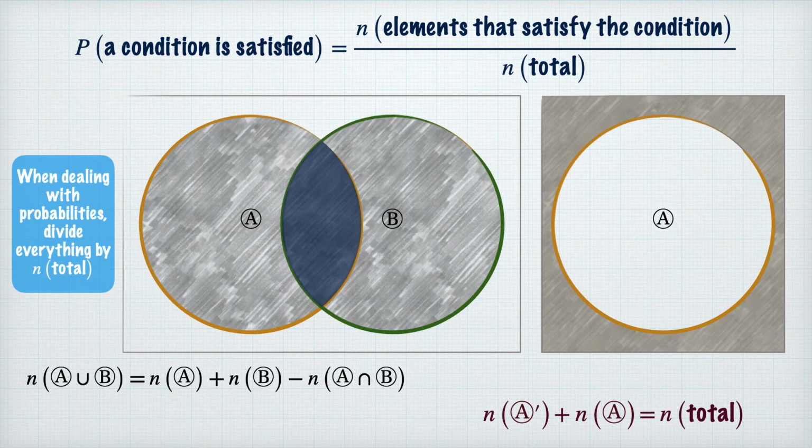And the way you can actually measure this is by using simple ratios. The ratio of the number of elements that satisfy your condition to the number of elements in total, right? If you go ahead to your heads and tails scenario, for example, there are only two possible outcomes. It can either be heads or it can be tails.